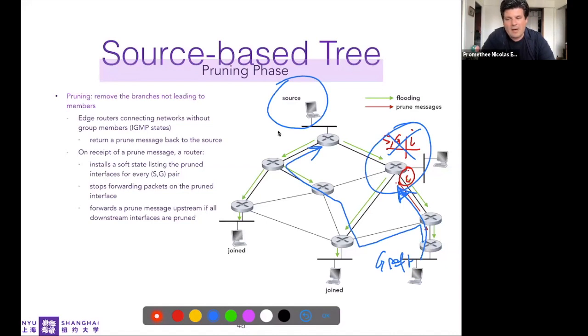So to make sure this is foolproof, and whatever changes you have, you can still end up cleaning the states, you still need to use a TTL, even if you have the graft, which may speed up the process. So the basic function here is to use a TTL, and on top of this, you may speed up the process by using the graft message. But the graft message alone is not enough, all right?